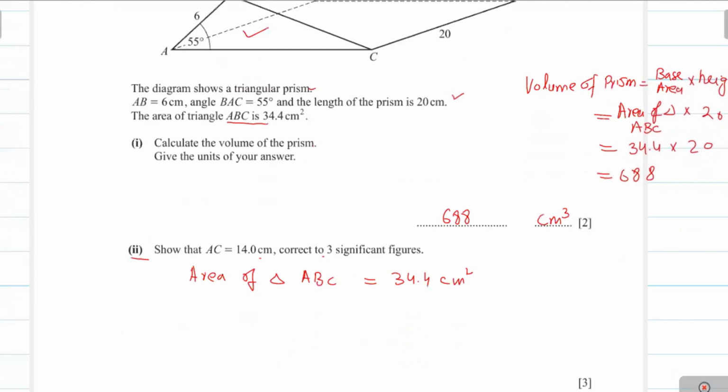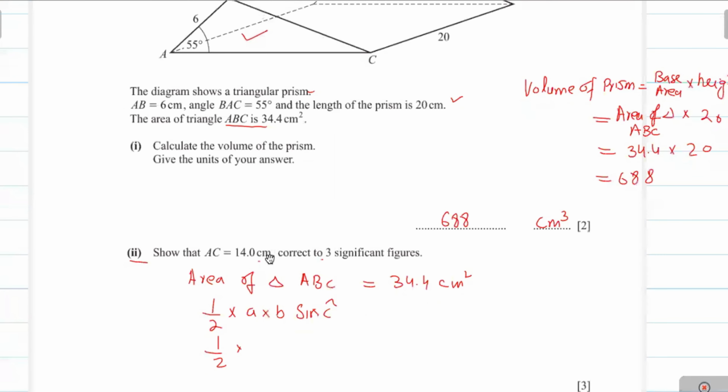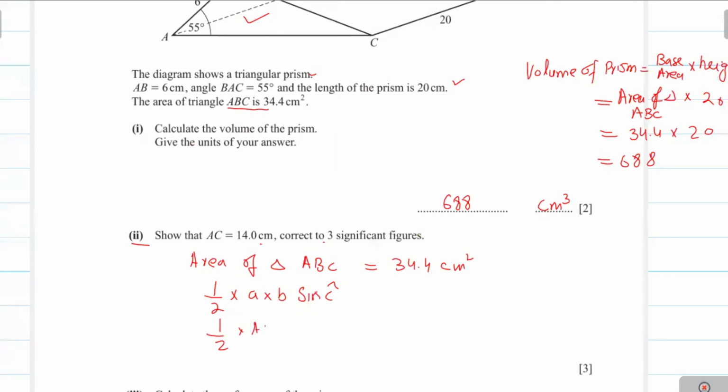Now the area of a triangle formula is 1 over 2 times the product of the two adjacent sides times the sine of the angle between them. The adjacent lengths here are AB and AC. AB multiplied by AC multiplied by sine of the angle between them. The angle is 55. And this will be equal to 34.4 centimeters squared.